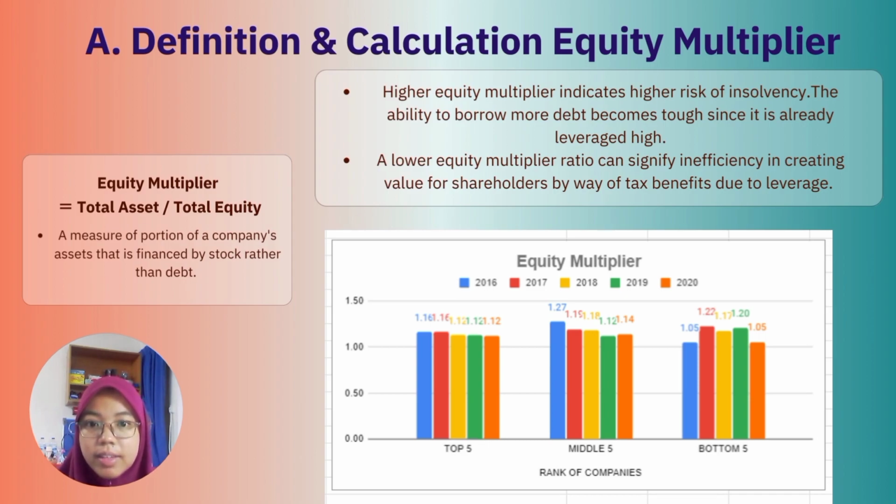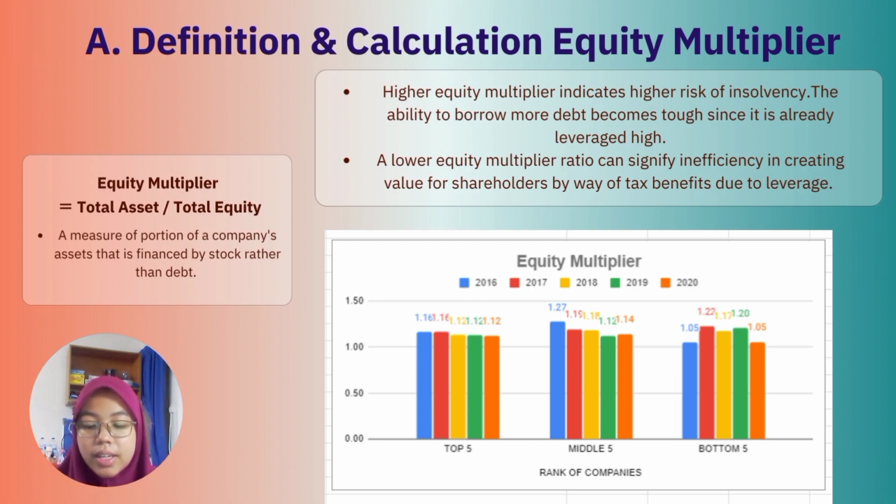And for the bottom 5, you can see that 2017 has the highest equity multiplier. When the equity multiplier is high, the leverage is also high, so it is hard to borrow a loan.